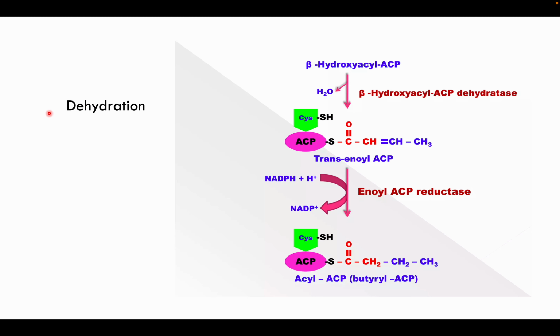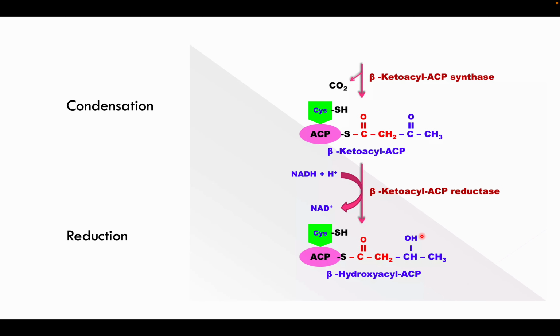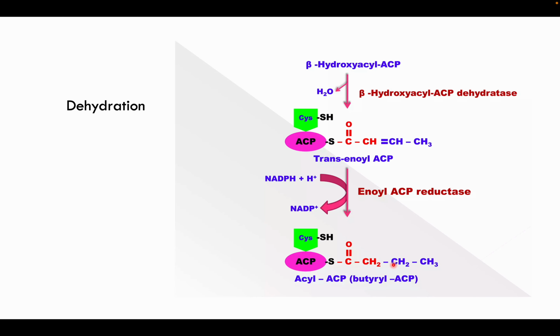What dehydration means is the release of the water molecule. So now we are releasing this water molecule, OH from here and one H from here, and it becomes trans-enoyl ACP. Right, we remove the water with the action of dehydratase, and then we get the enoyl group.